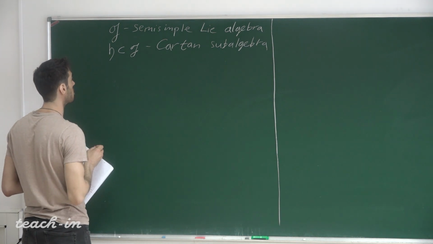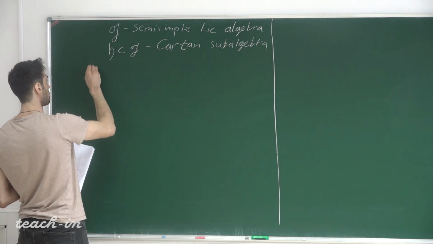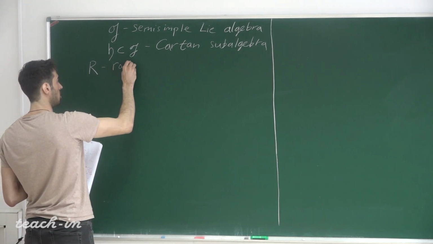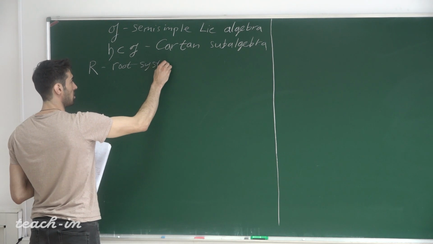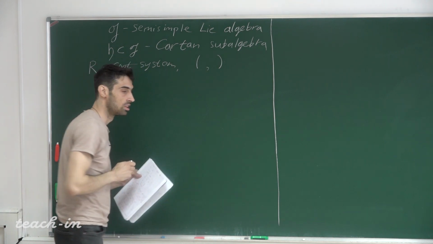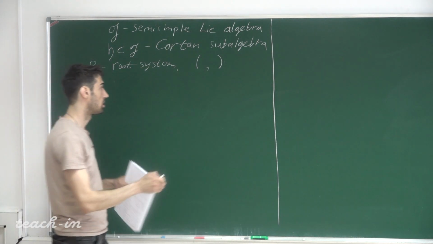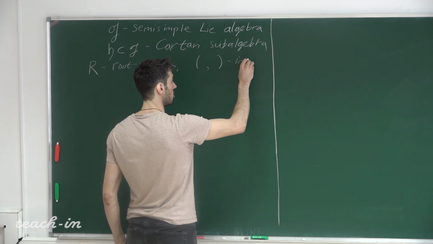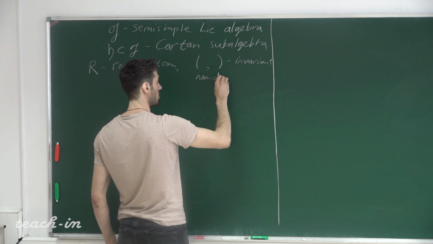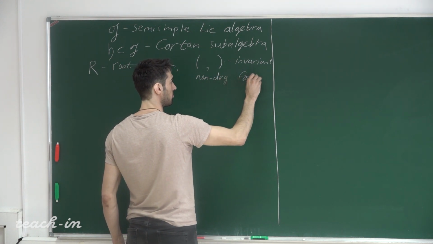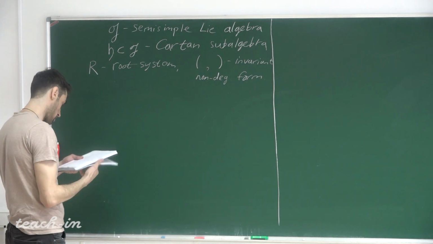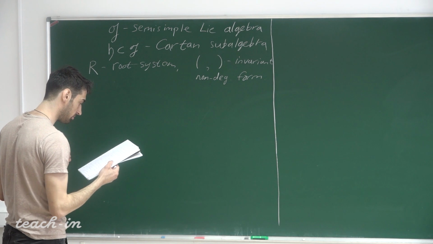Then we have the corresponding root system that we denote by R. And also on G we have an invariant non-degenerate bilinear form. So all that we have from last times.